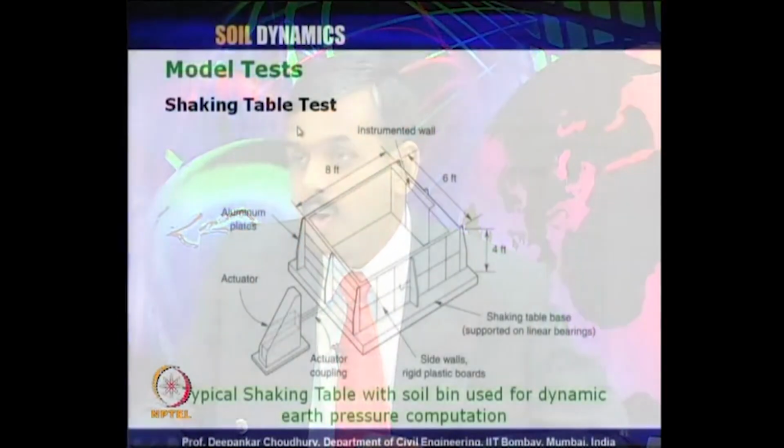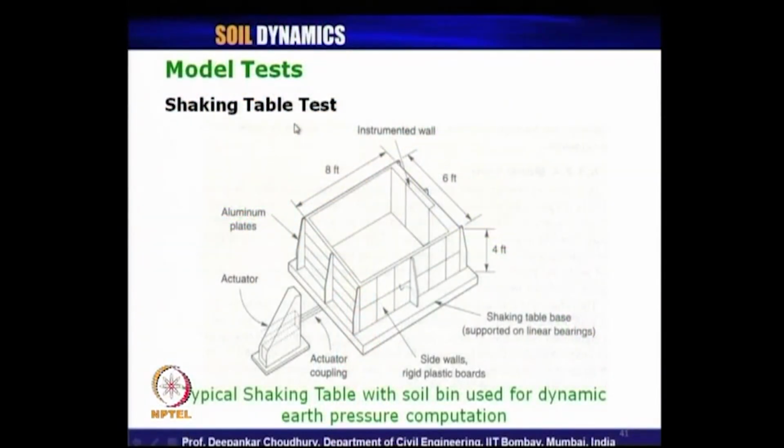That is why using the shaking table test for dynamic soil properties or the behavior of dynamic earth pressure or dynamic bearing capacities is not always giving us the true result. So, we have to be very careful to understand the limitations of the shaking table test for geotechnical engineering problems.